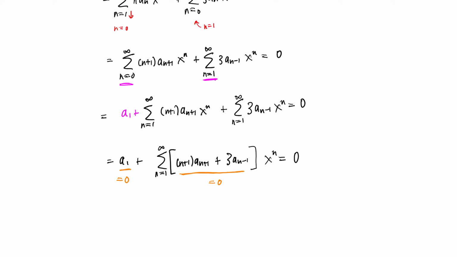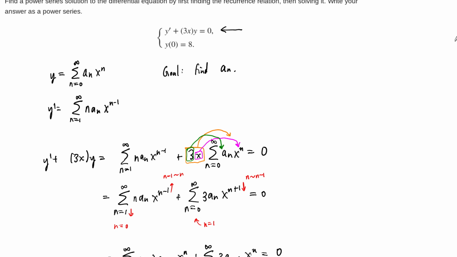And at this point, we can also go up and look at this piece of information here, right? y sub 0 equals 8. So I'm going to write this over here, but y of 0. Well, according to our power series, that's the sum, n goes from 0 to infinity, a sub n times 0 to the power n, right? Well, 0 to the 0 we're going to regard as equaling 1 here.